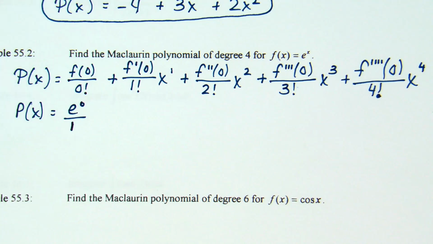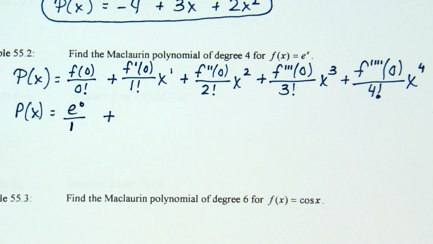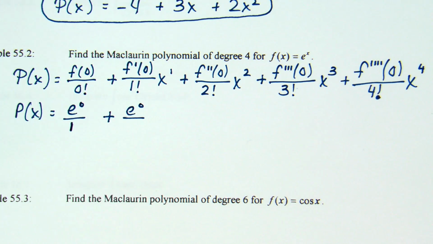Okay, I'm going to write this step out, and then I'll go through and clean up. Okay, f prime of 0. What is the derivative of e to the x? E to the x. Evaluate at 0. It's e to the 0 again, isn't it? Over 1 factorial. What's 1 factorial? 1 times x to the first.